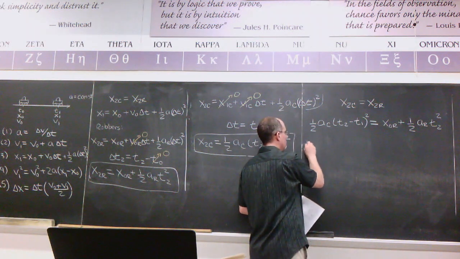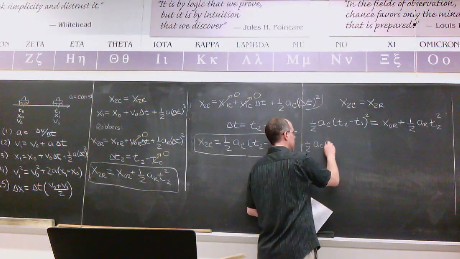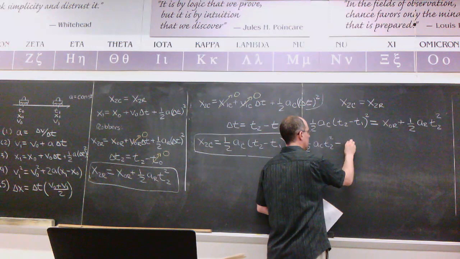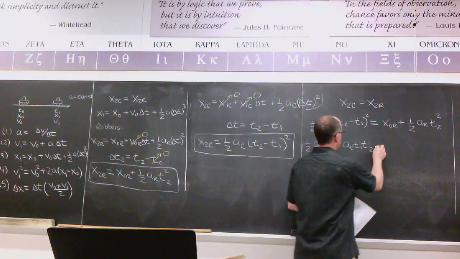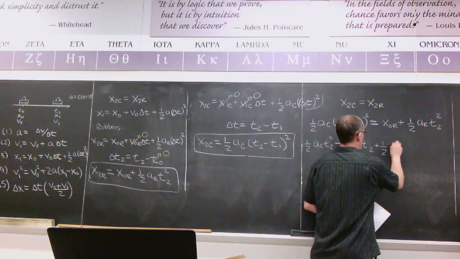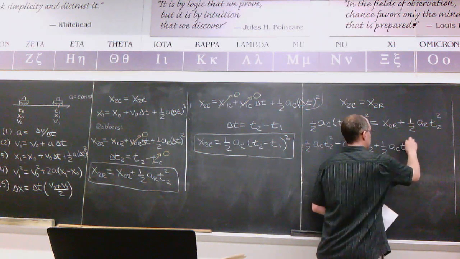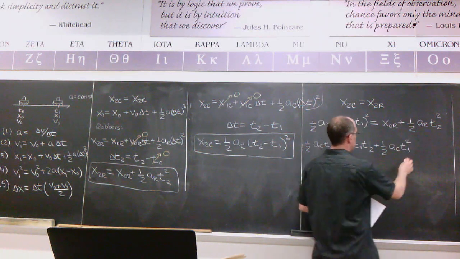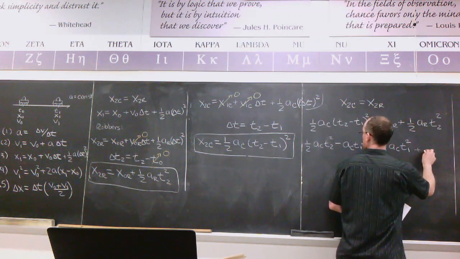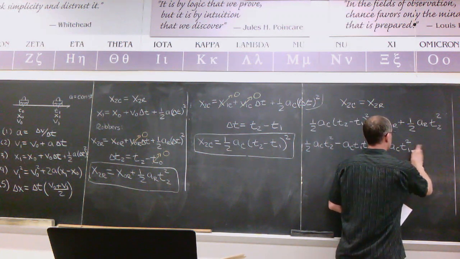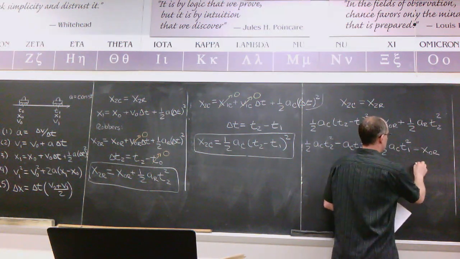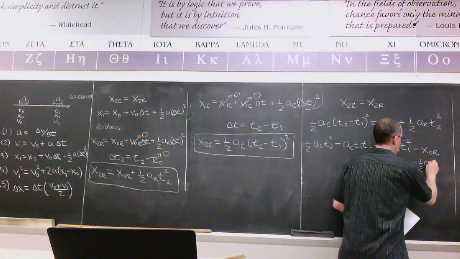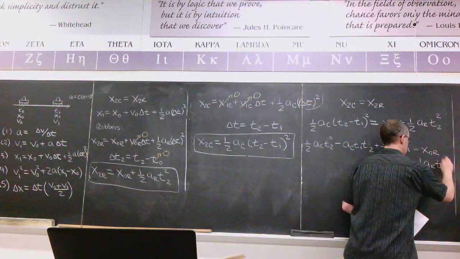So we'll have 1/2 a cops t2 squared minus a cops t1 times t2 plus 1/2 a cops t1 squared, minus x0 robbers, minus 1/2 a robbers t2 squared.